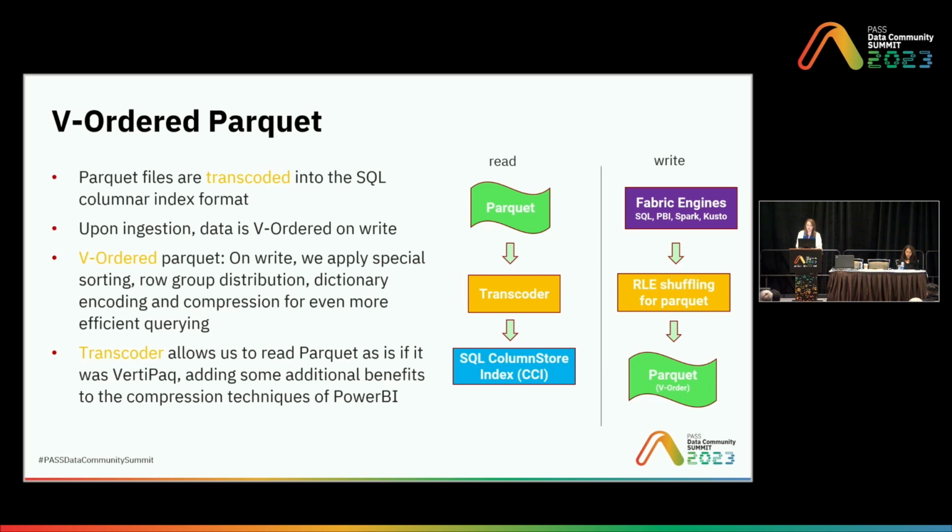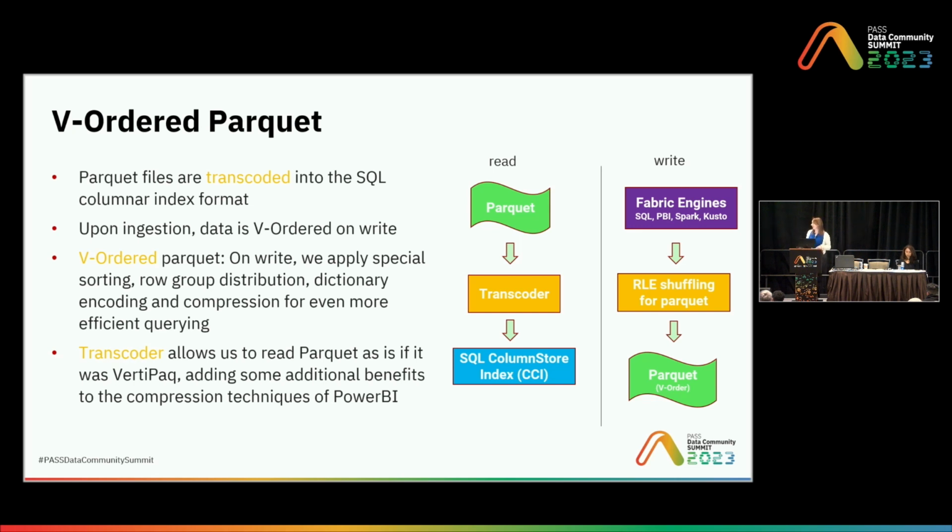So basically, Parquet files get transcoded into SQL columnar format. We have this thing called the transcoder, which does that encoding from Parquet into columnar storage format, into column store indexes. And that's how we can operate the SQL engine over the Parquet data.